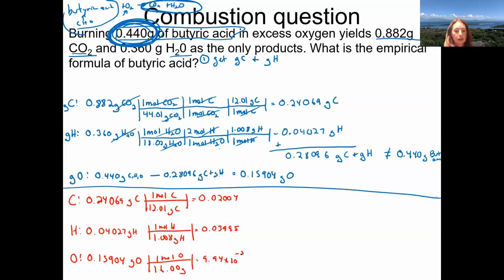Okay. Our next step, which I did in green, I can't change my color anymore, is divide by the smallest. That's going to be our oxygen over here. You can see these are a little bit on the long side.